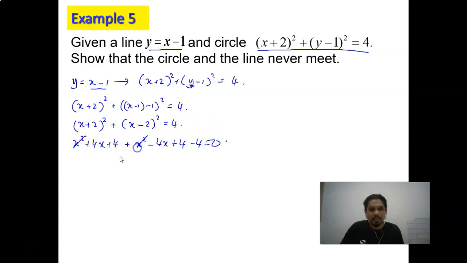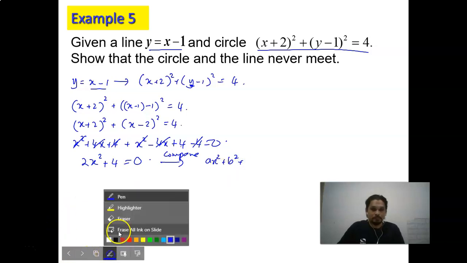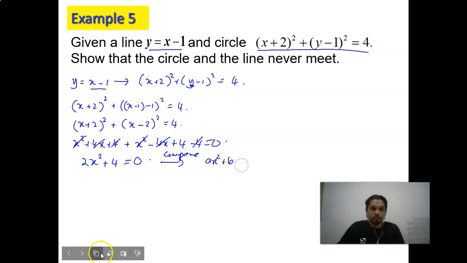x squared plus x squared gives 2x squared, 4x minus 4x cancels, and 4 plus 4 minus 4 gives plus 4, equal to 0. Okay, let's compare with ax squared plus bx plus c equal to 0.